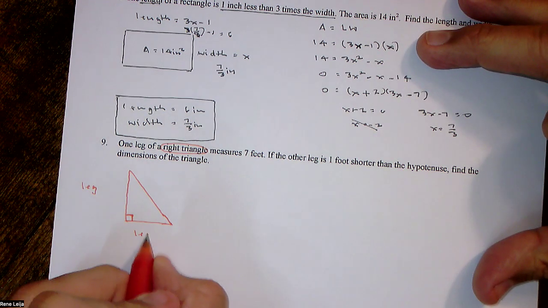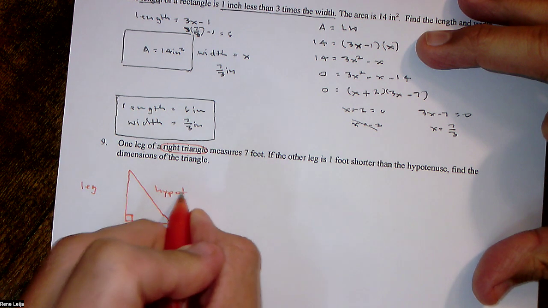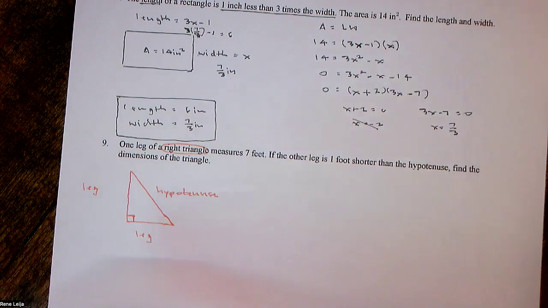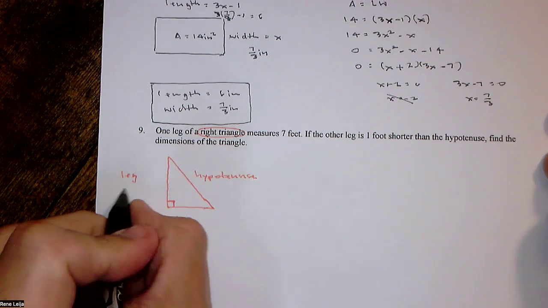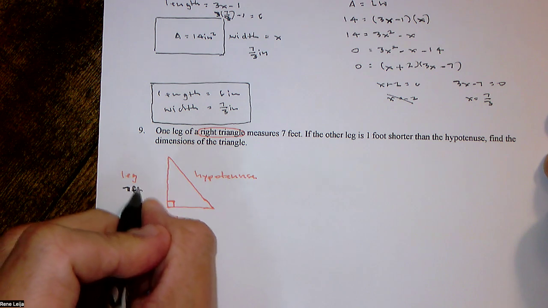This is a leg. And then the longest side, which is the side opposite of the 90-degree angle, is the hypotenuse. So it said one leg measures 7 feet. Okay, so this is 7 feet.